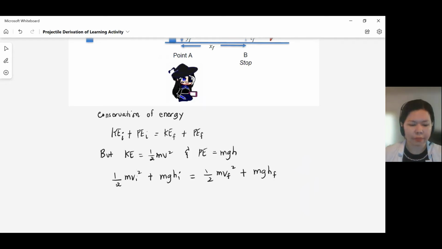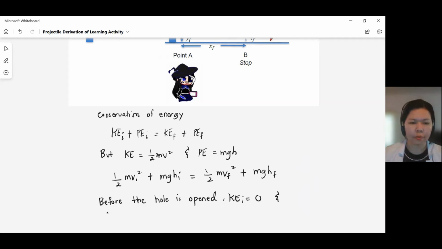So let me write this down. Before the hole is opened, so initial, left side of the equation, KE initial equals 0.